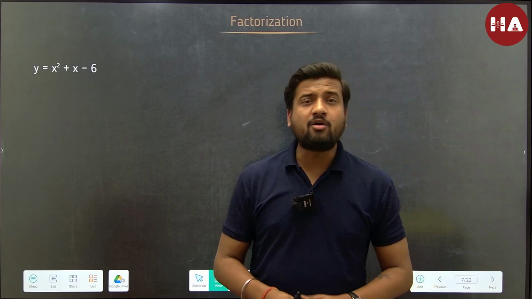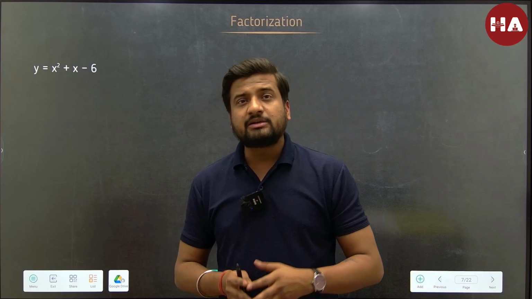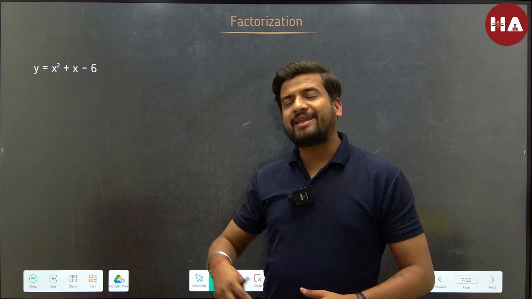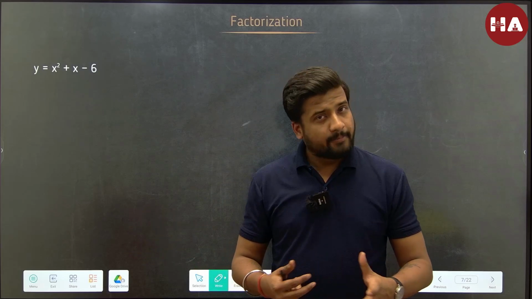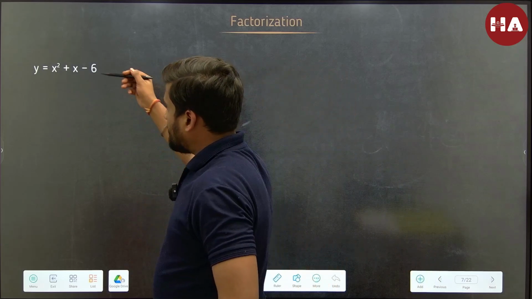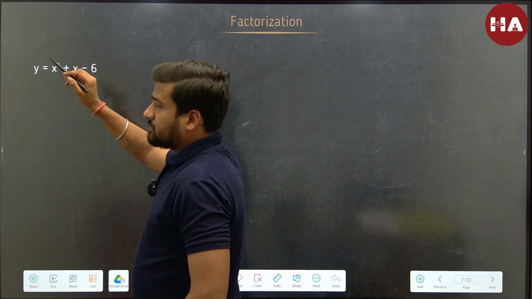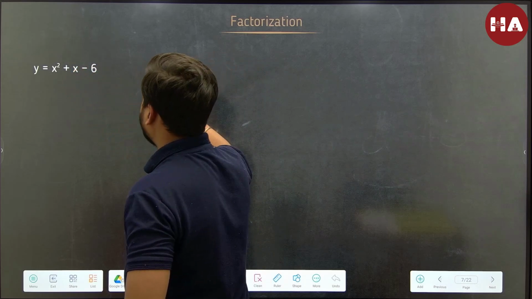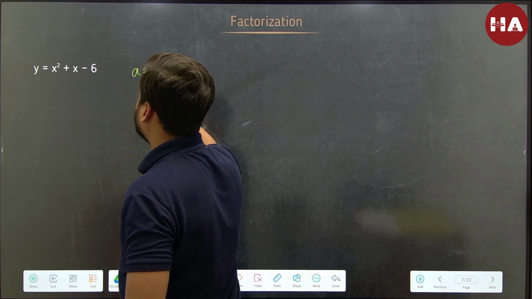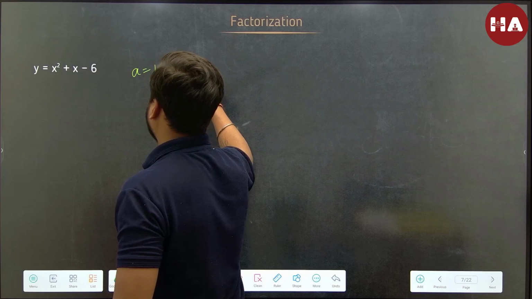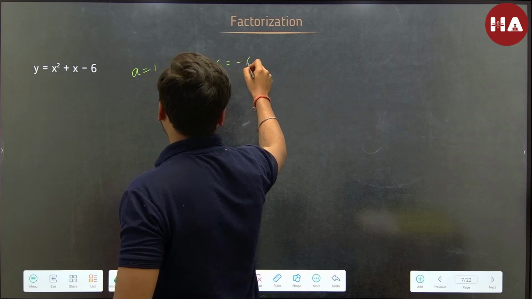So somehow we try and convert the cubic equation into quadratic and then use factorization. We have a quadratic equation in which a equals 1, b equals 1, and c equals minus 6.